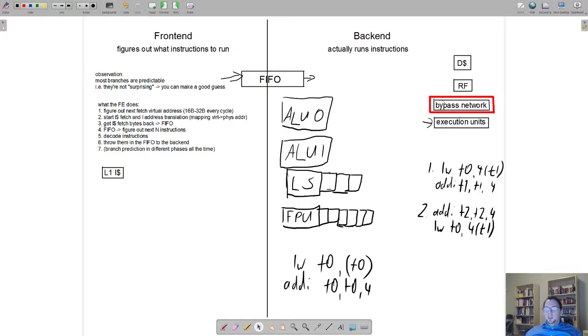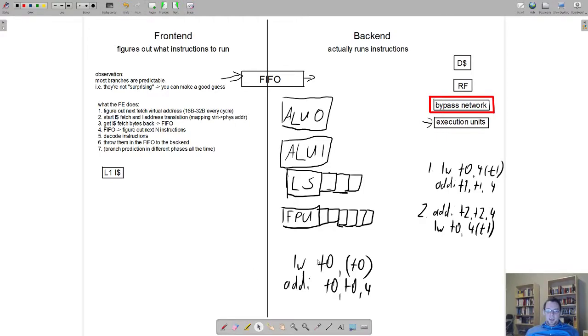So you can go, okay, if we're mostly bypassing these things, why do we bother writing back things to begin with? Say this load here: I'm doing a load of T0 from something, and then the very next instruction I'm immediately overriding T0 again. Why are we even writing this value of T0 to the register file, when the very next instruction is going to override it again?